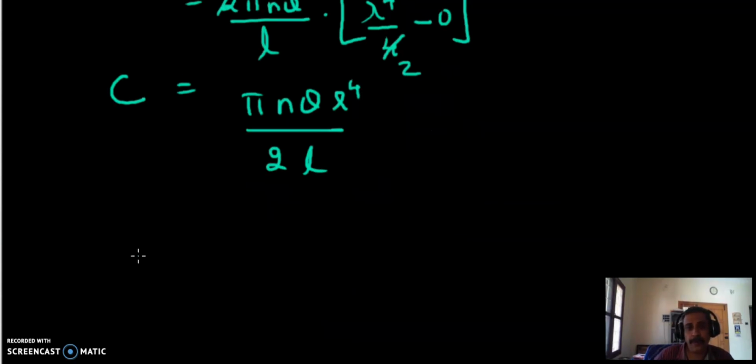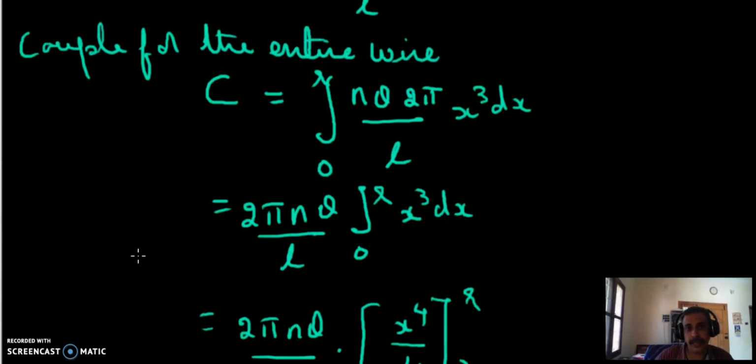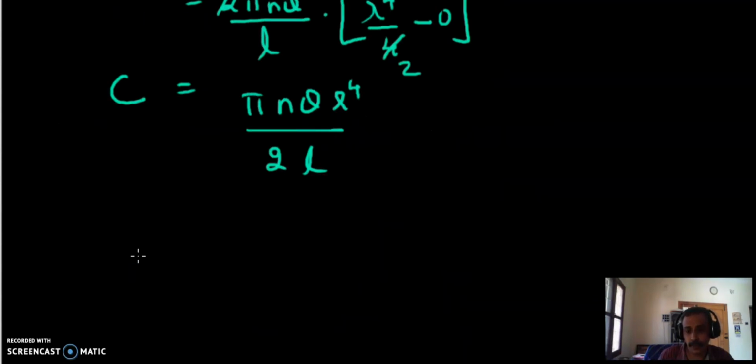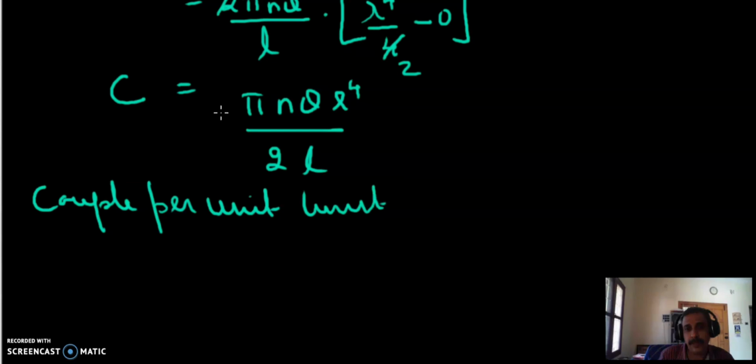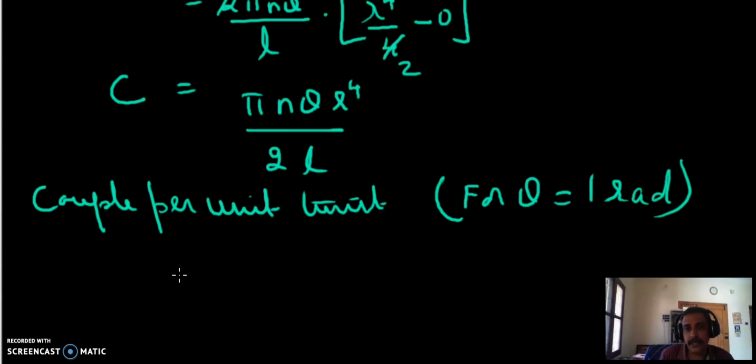If I want the couple per unit twist, which means θ is equal to 1 radian, we write C is equal to π n r⁴/2.